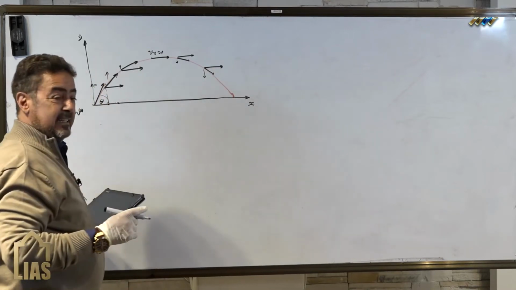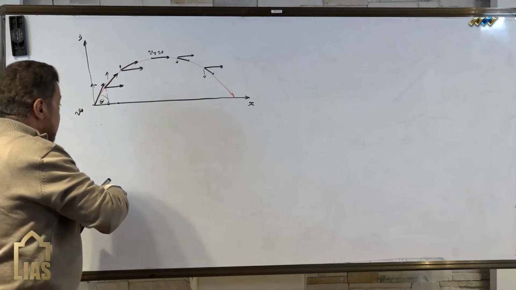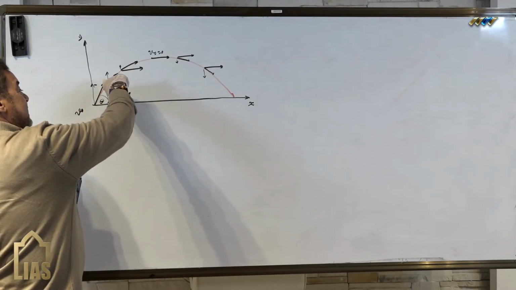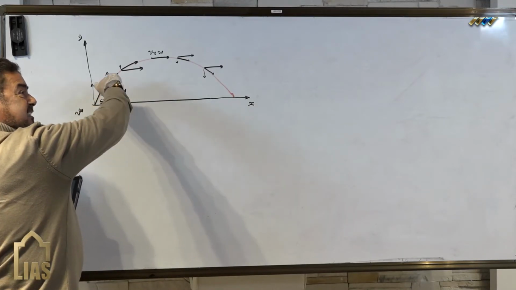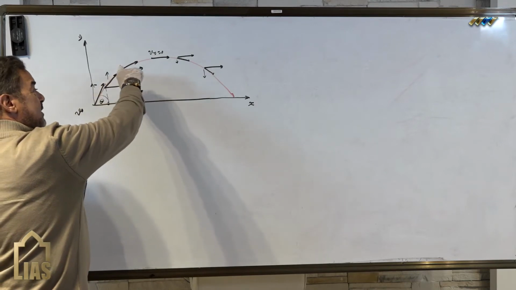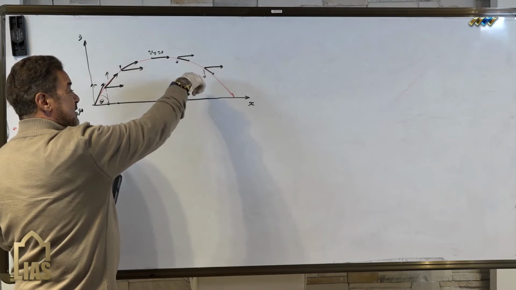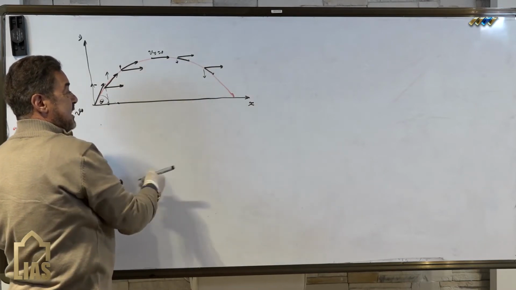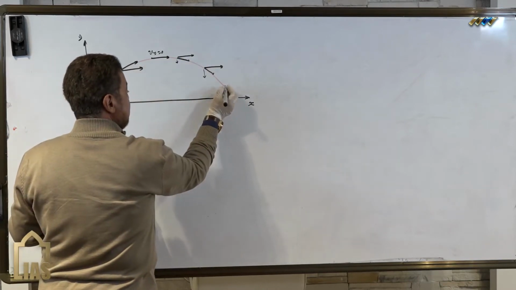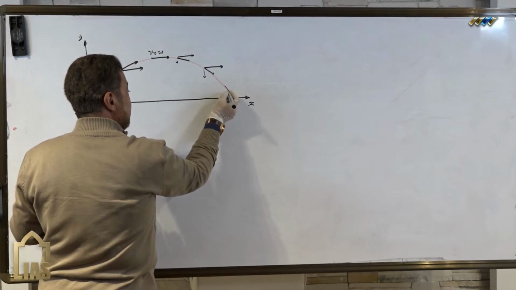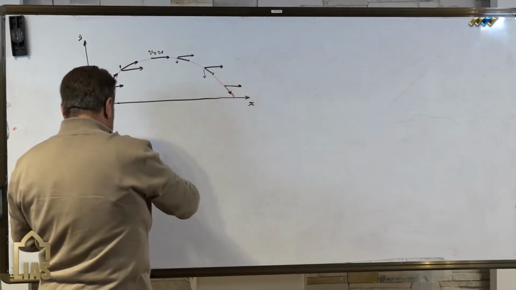As we see that Vy starts fast, then slows down, getting to 0, then starts to change the direction, okay, up to get to here.